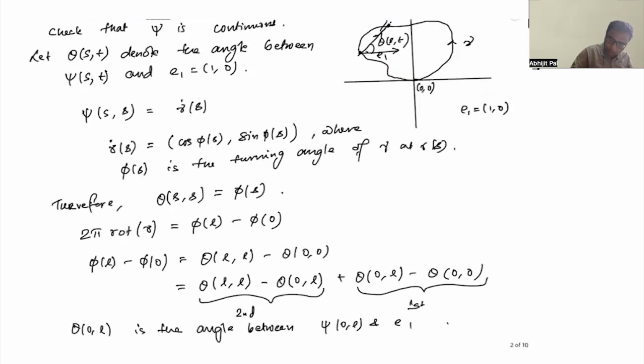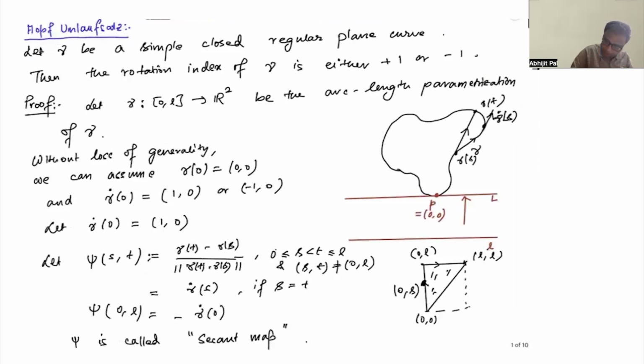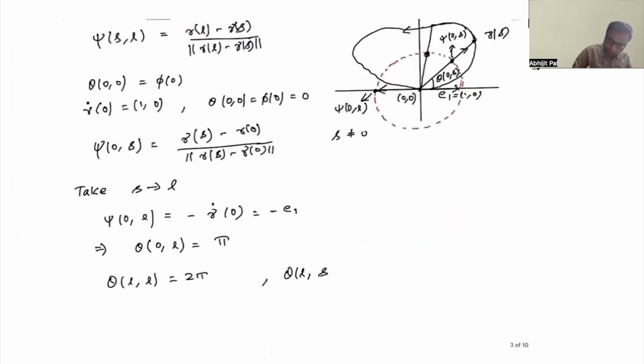So you take this line segment, psi s comma L. Instead of taking theta Ls, you take theta s comma L. In order to find theta LL, you take psi s comma L, which is gamma L minus gamma s divided by its norm.